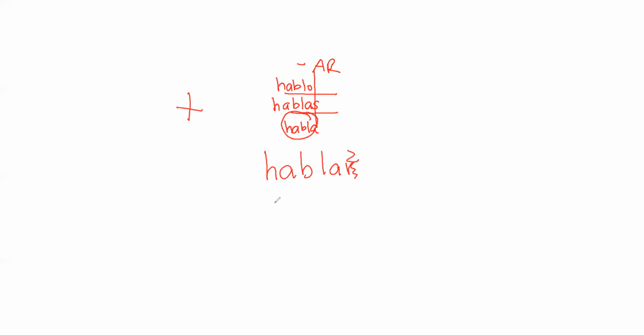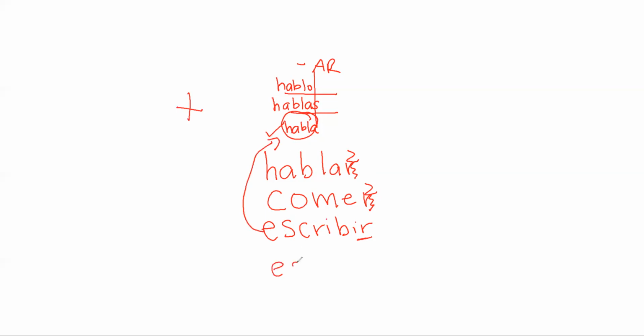But we're going to have problems if we go into an IR verb. That won't work. But if we got comer, come, which is the form that would show up right here, come. But if we get to escribir, it will not work here. We have to really go to that third person singular form because it's an IR verb. So this form right here for escribir is escribe.